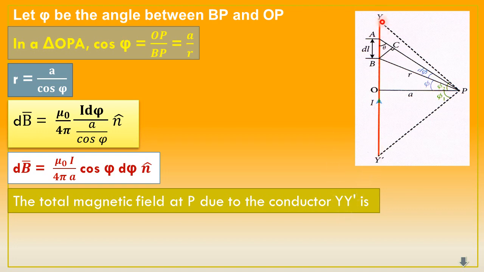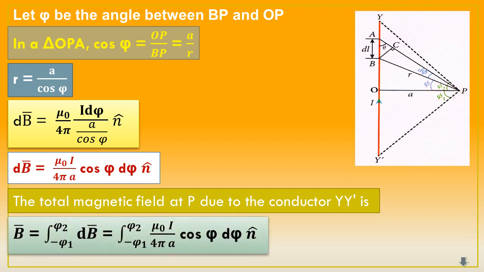Students, you remember I already explained that because of the current flowing from Y to Y dash, there is an influence, and that influence is a field that emerges at the point P. So substituting all the values, if you integrate this dB vector, it becomes B vector.